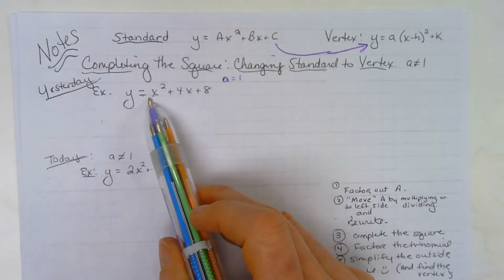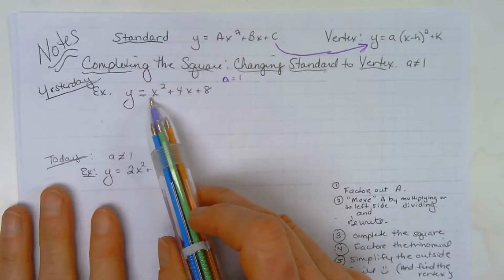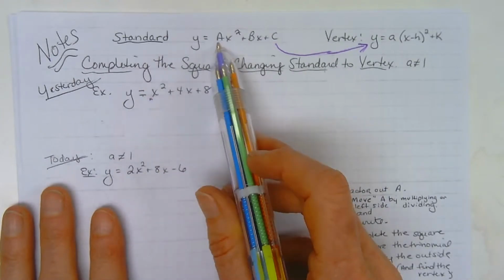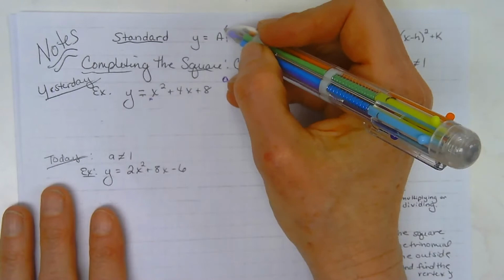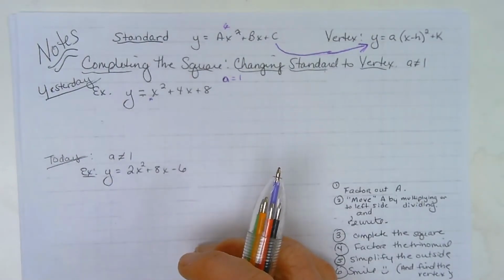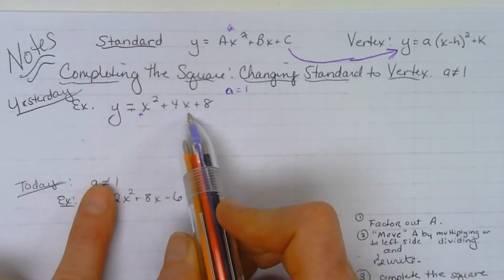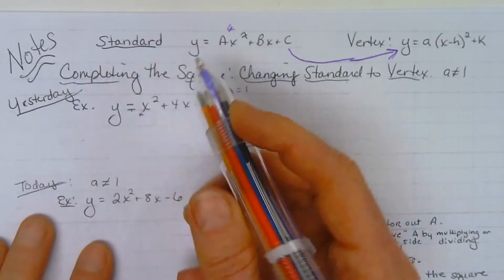So yesterday when we did this, everything was fine because the quadratic already had its coefficient of the x squared as 1. This is a. Remember, this is a for the x squared term. So I'm going to go ahead and complete this square with a equal to 1.